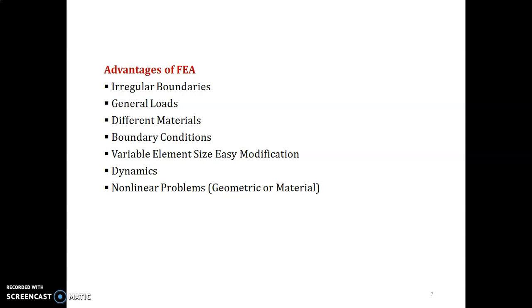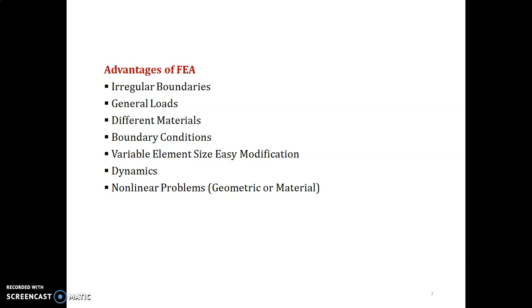This method is superior to other approximation methods like Galerkin and Rayleigh-Ritz methods, which we are going to study in the next module. The finite element model can be altered at any time very easily. Non-linear behavior, as we have discussed, with large deformation and non-linear material can be handled very easily, and it is suited to computer programming.